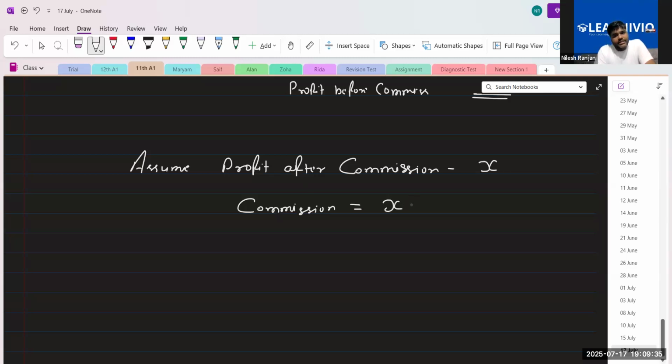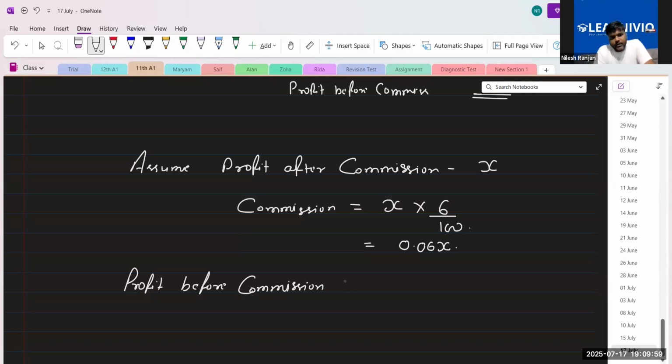So you can write X into 6%. So it will be 0.06X. Now profit before commission minus commission equals profit after commission.